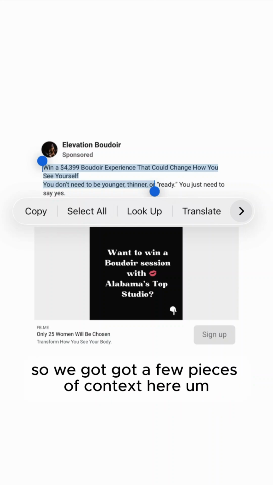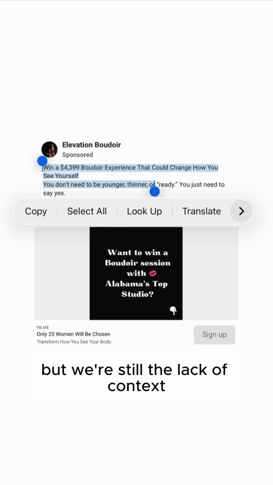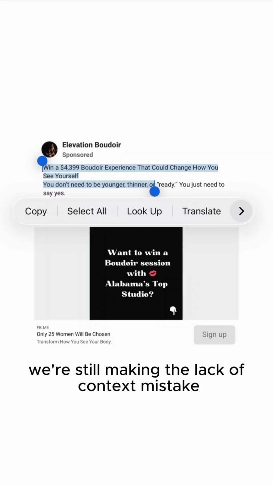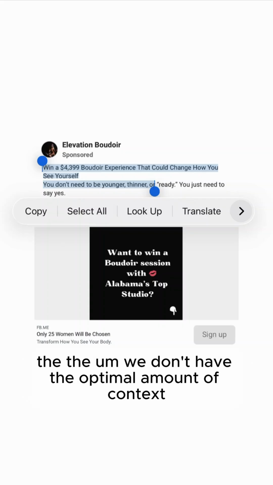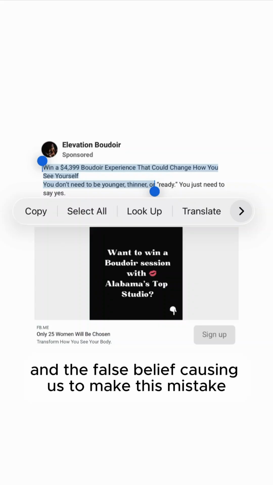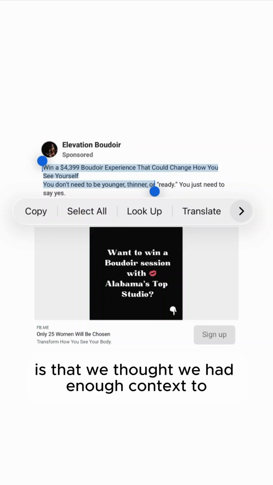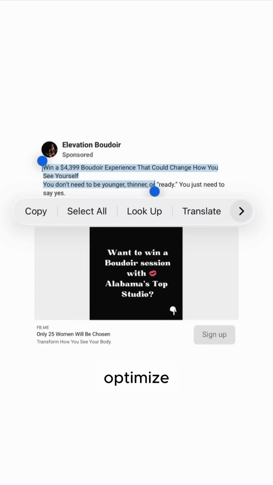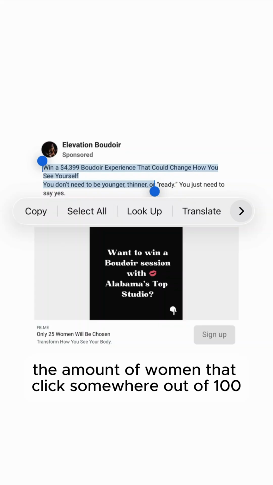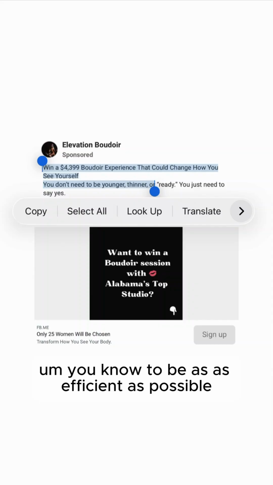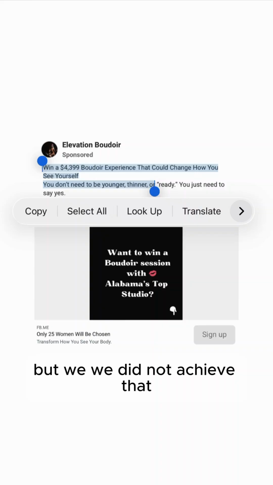All right, so we got a few pieces of context here, but we're still making the lack of context mistake. We don't have the optimum amount of context, and the false belief causing us to make this mistake is that we thought we had enough context to optimize the amount of women that click somewhere on our ad out of 100, to be as efficient as possible, but we did not achieve that.